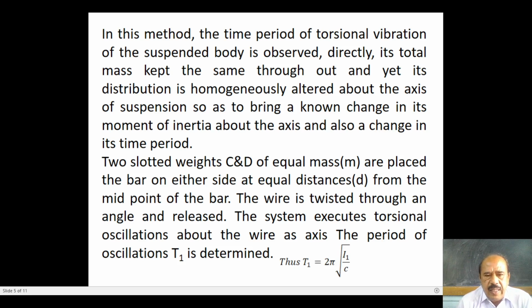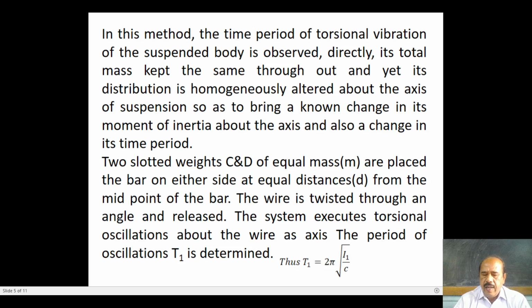In this method, the time period of oscillation or vibration of the suspended body is observed directly. Its total mass is kept the same throughout the experiment, yet its distribution is symmetrically altered about the axis of suspension, so as to bring a known change in its moment of inertia about the axis and also a change in its time period.